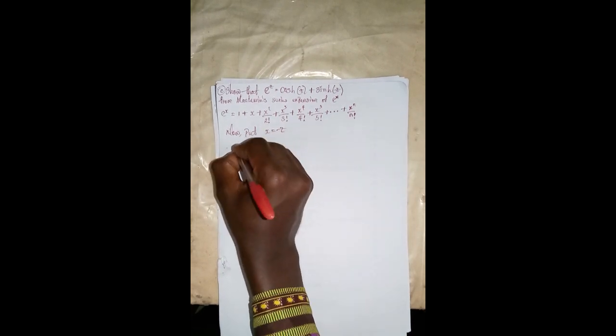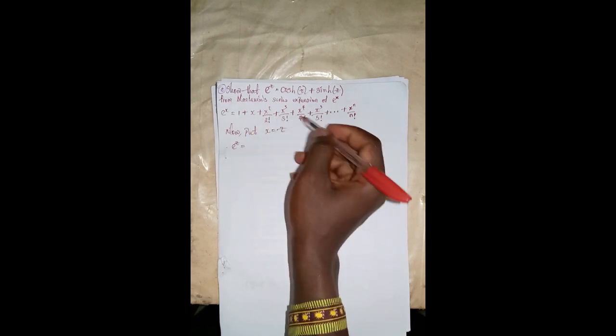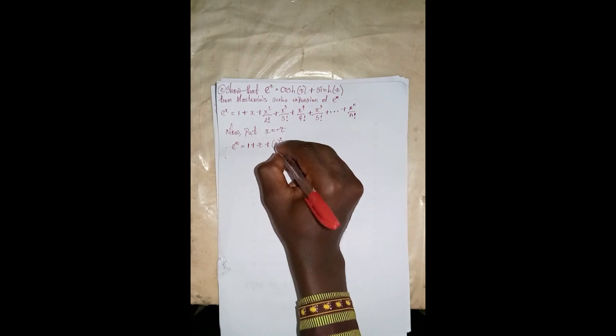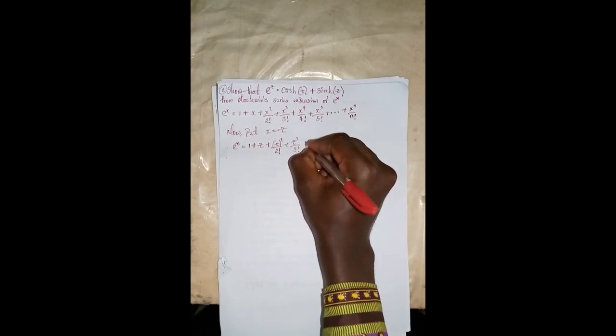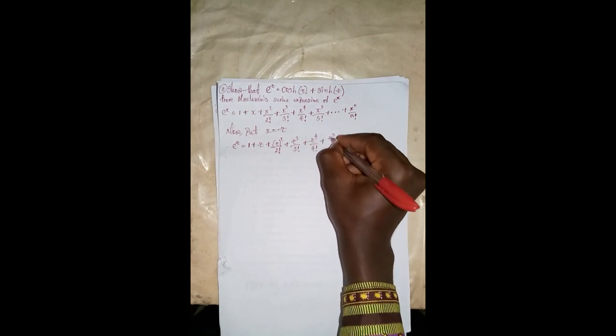Putting x equal to z, we have e raised to the power of z is equal to, meaning anywhere we see x in the relation above, we make it z. So we have 1 plus z squared over 2 factorial plus z cubed over 3 factorial plus z raised to the power of 4 over 4 factorial plus z raised to the power of 5 over 5 factorial, and so on, plus z raised to the power of n over n factorial.